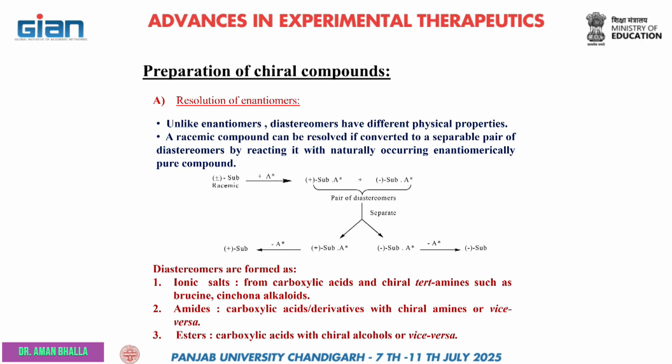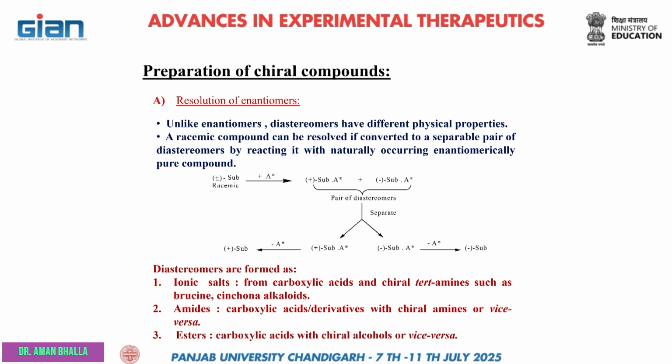Now if resolution is the only choice, we don't have to do the asymmetric synthesis, do the reaction, get the racemic mixture, separate them. But is it possible that we can separate them easily? If I give you one example, if you treat acid with alcohol, what is the final product? Ester.